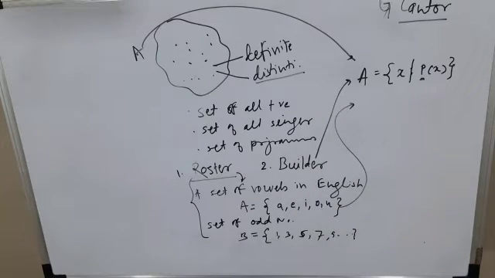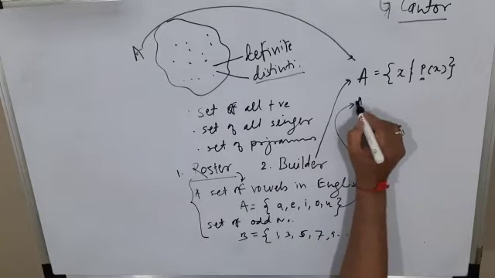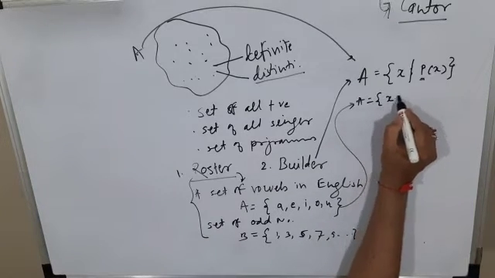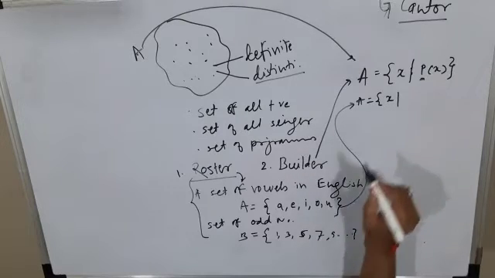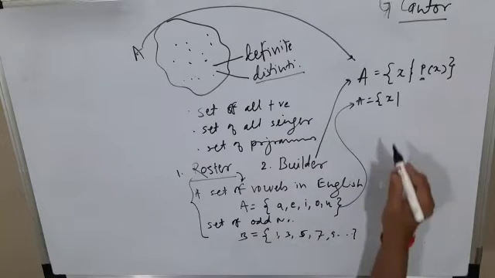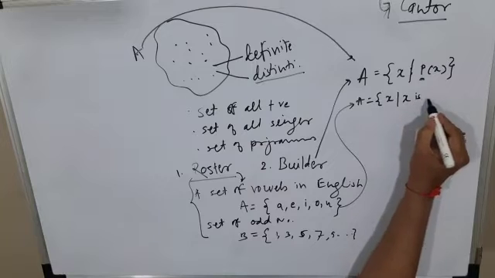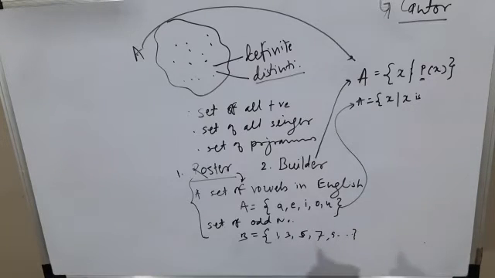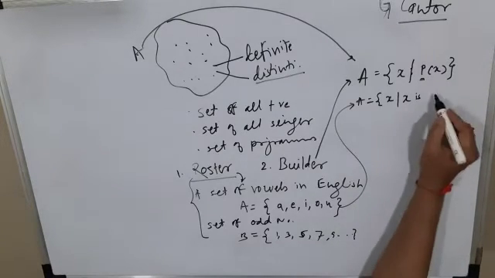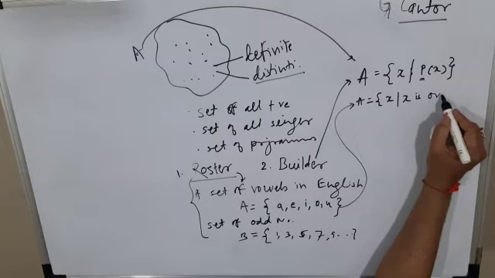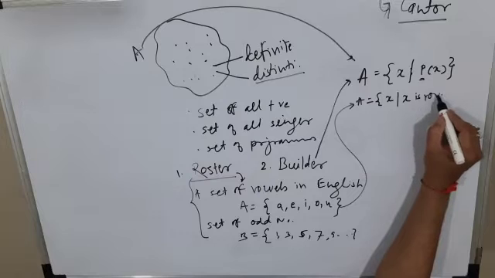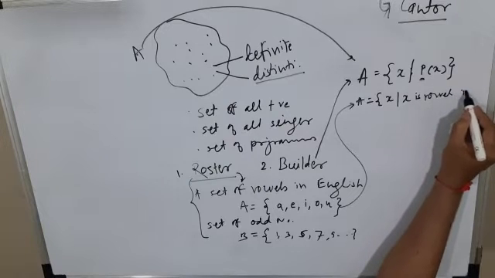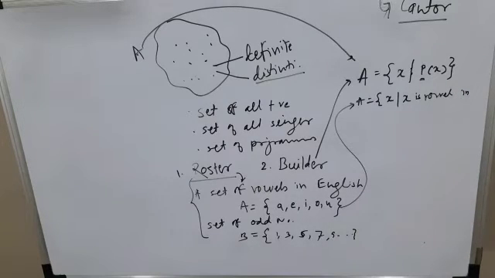How can we represent the vowels in builder form? A is the set of x such that x is a vowel in the English alphabet.